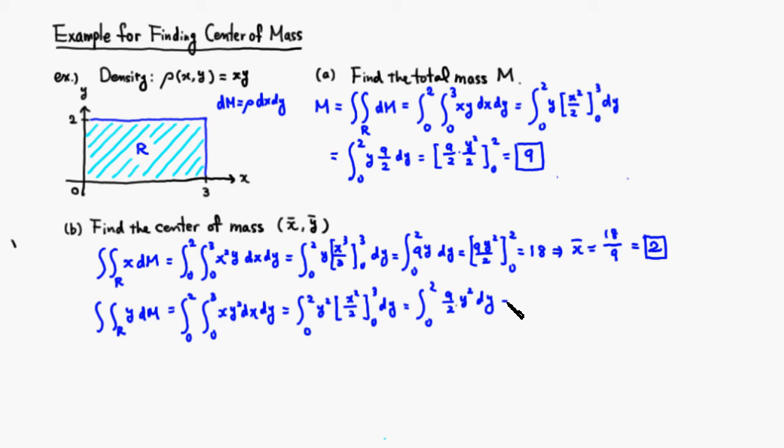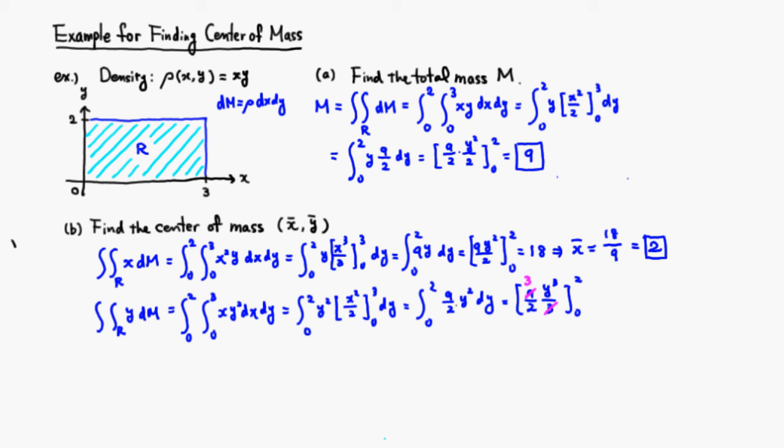So we can just take the antiderivative. It's 9 halves, and the antiderivative is y cubed over 3, going from 0 to 2. First we can cancel the 3 on the bottom with the 9, so you have a 3 left over.